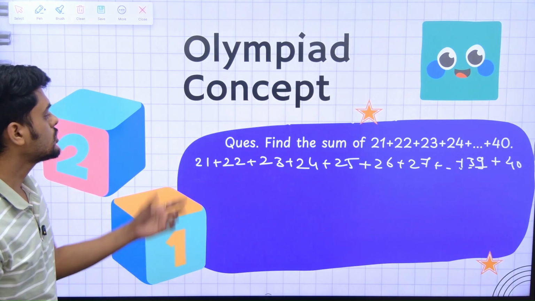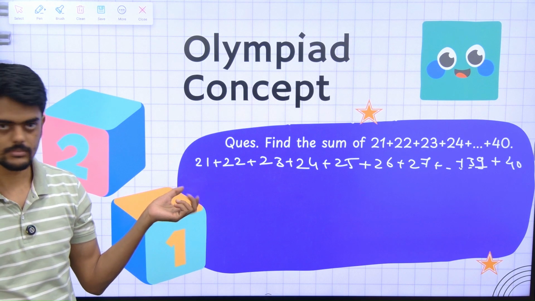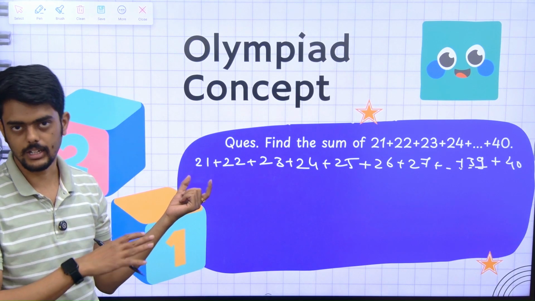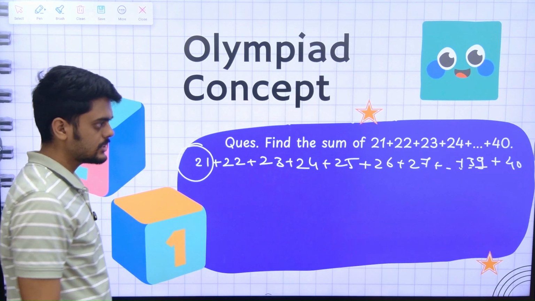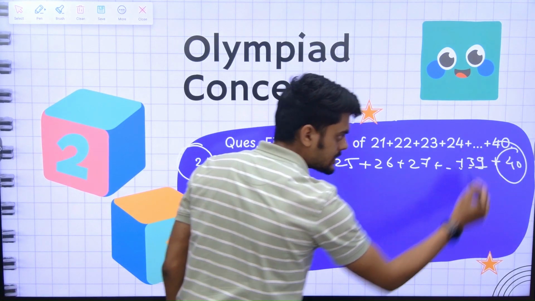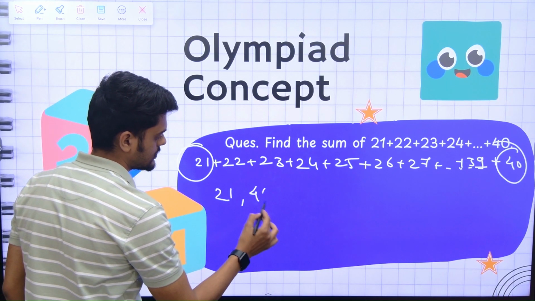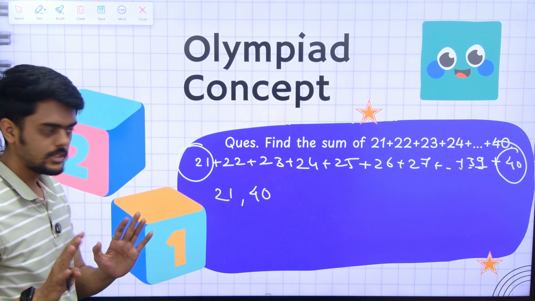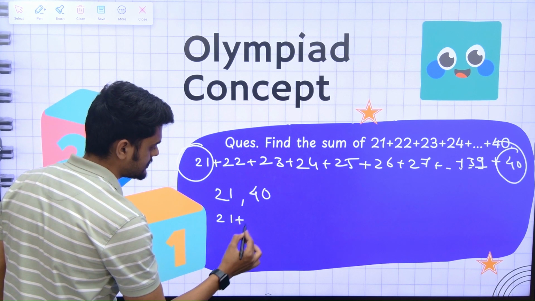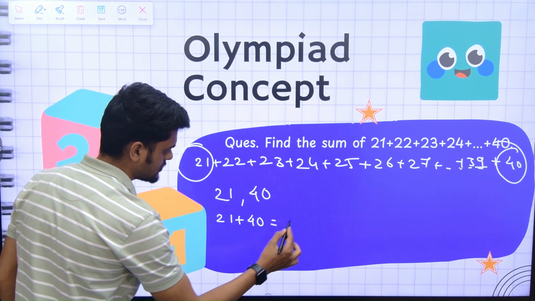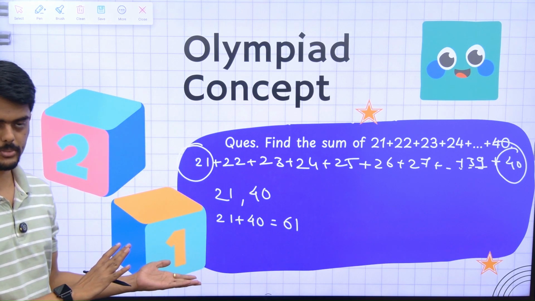Now, to calculate the sum of consecutive 20 numbers, irrespective of the starting number, what you need to do? Take the first number, take the last number. Easy peasy. The second step, add both of them. Good to go up to here.